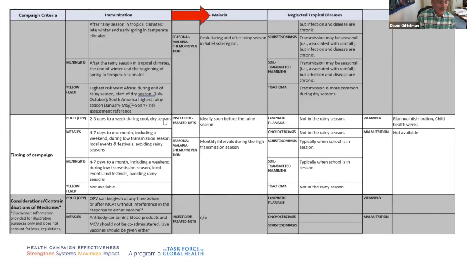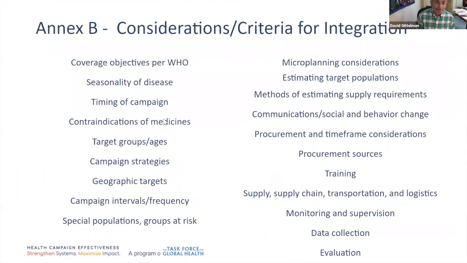Next slide. We give an example over here for the timing of the campaign, and you could see right across all of these interventions, the recommended timing for implementing these campaigns and how this could influence your decision to integrate. The next slide.